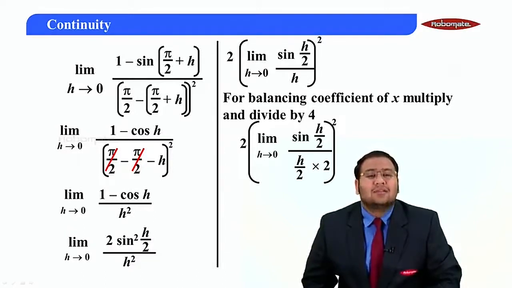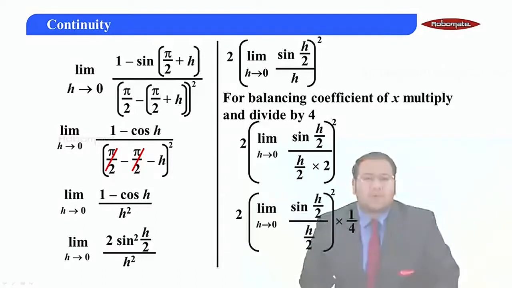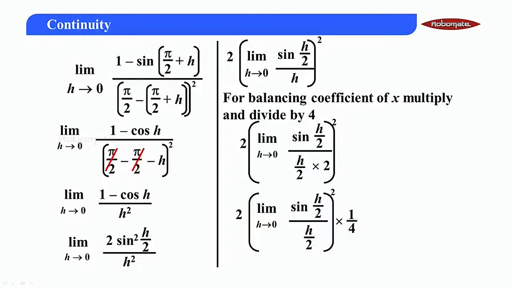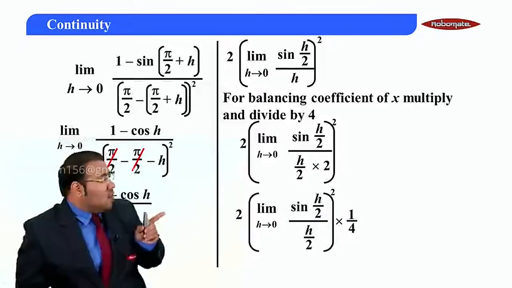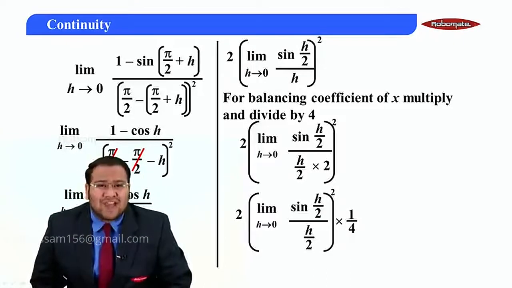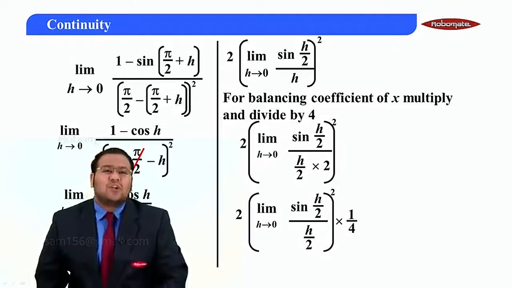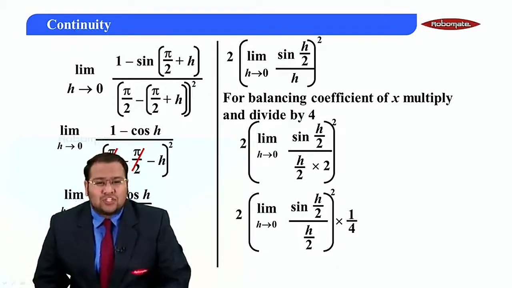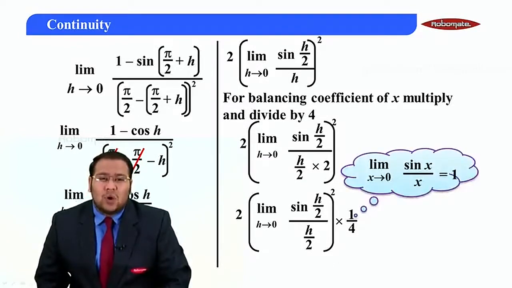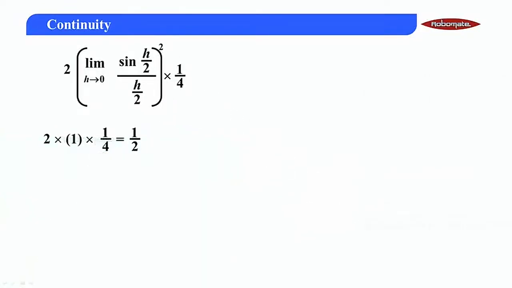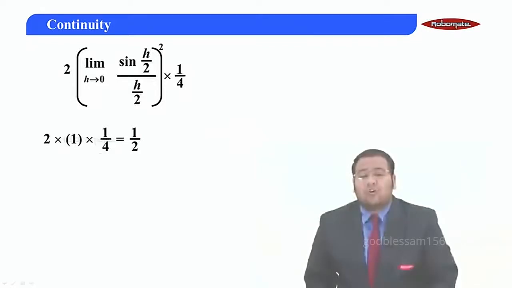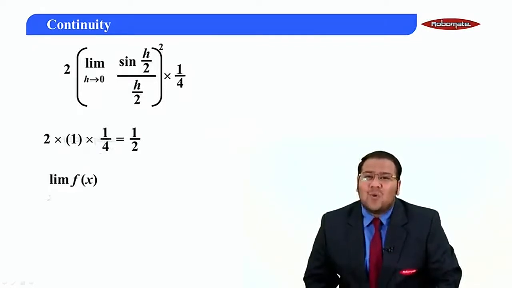So when that 2 square comes out, the equation would be 2 into limit h tending towards 0, sine h by 2 upon h by 2 into 1 by 4. In this case, if you observe, the equation is of a standard form, limit h tending towards 0, sine h by h, and it is nothing but 1. So the equation would be 2 into 1 by 4. That is 2 is getting cancelled with 4, so the answer which you get would be 1 by 2.